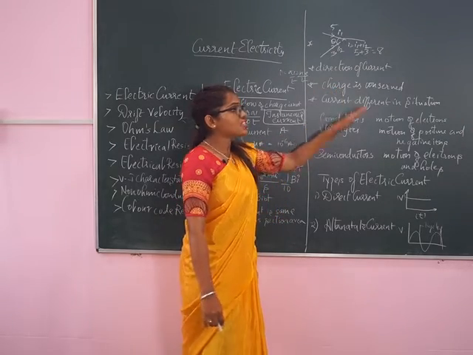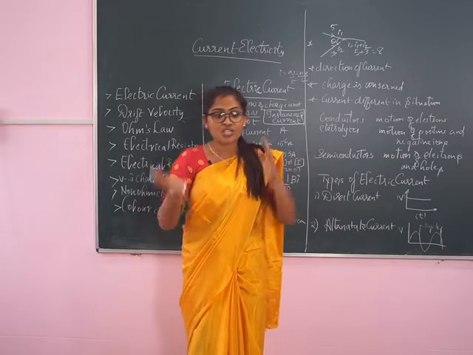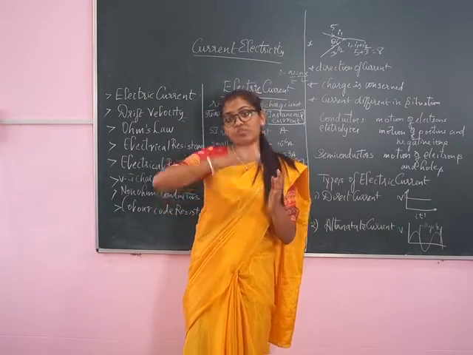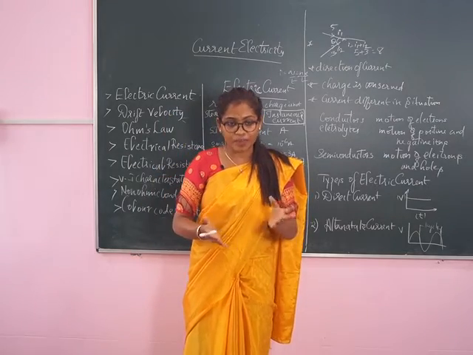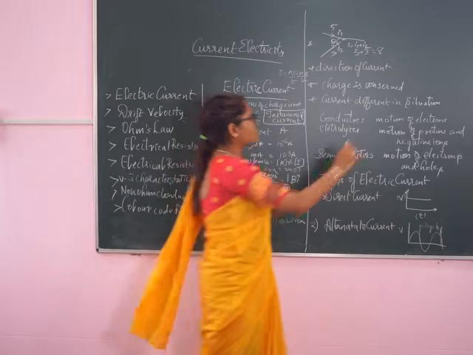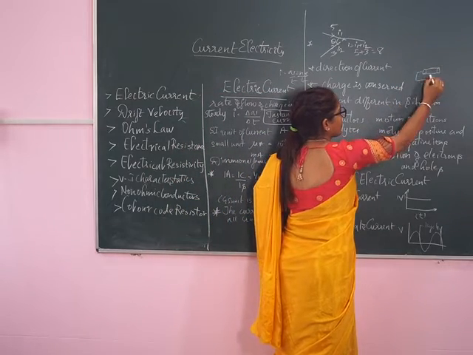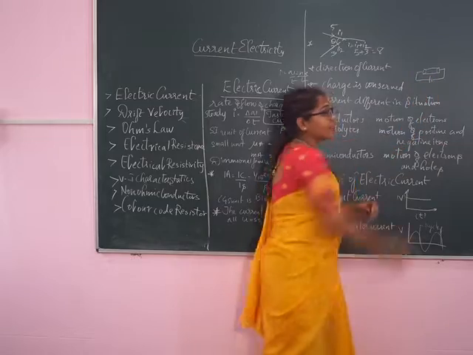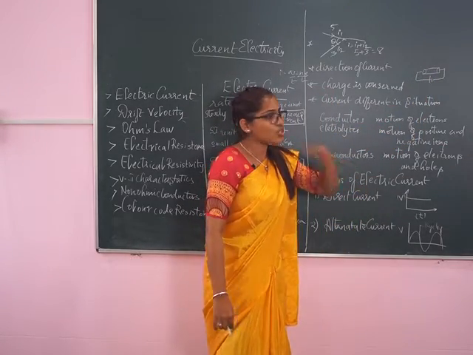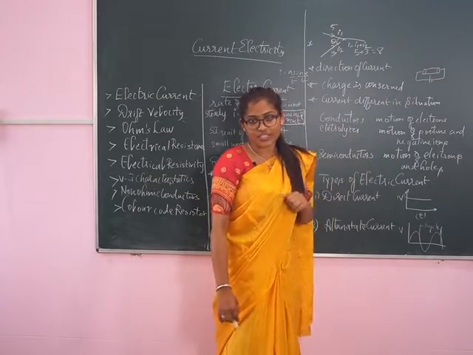Next, charge is conserved. The charge will be conserved in all situations. So whatever the charge in the cross-sectional area at one end, the same will be in the other cross-sectional area. For example, if I connect a conductor to a battery, the battery is a source of energy, so it gives energy to the charges in the conductor.